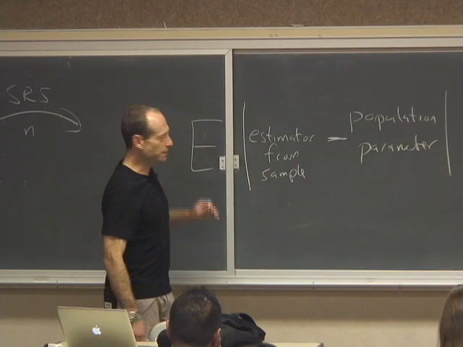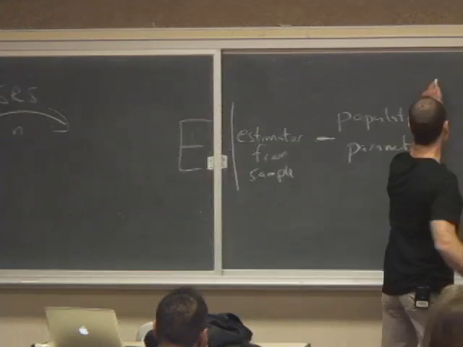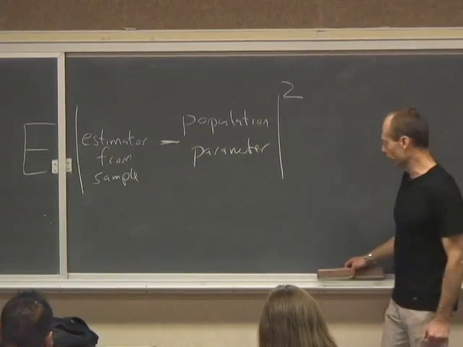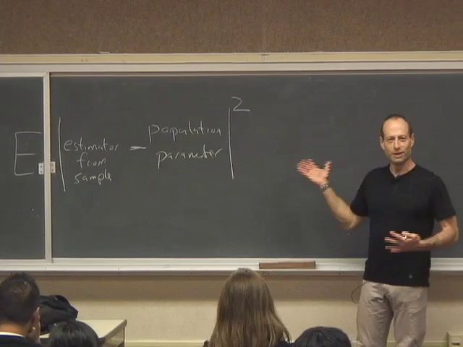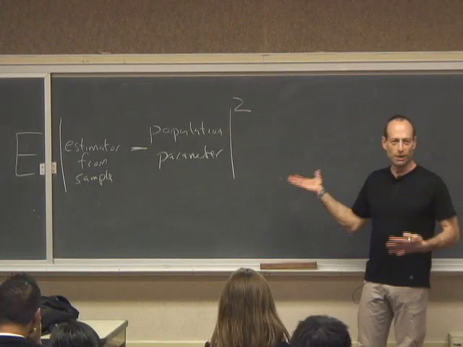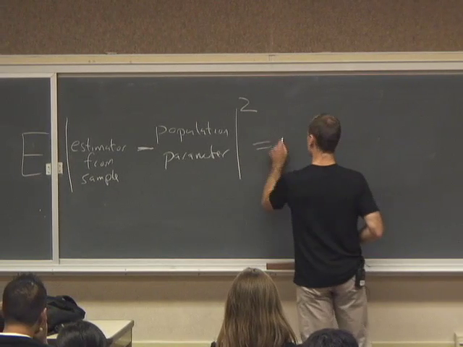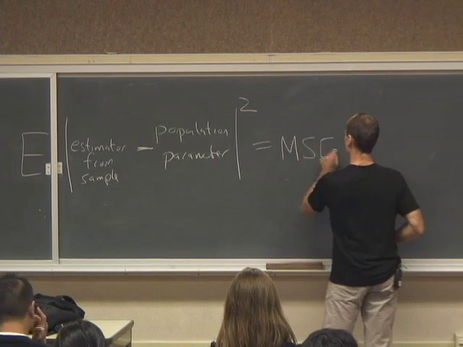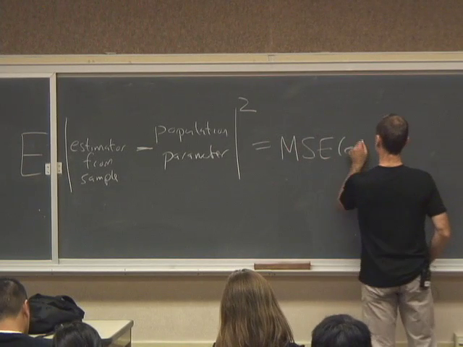Now, it turns out to be easier to do calculus and analyze things if you work with the square instead of with the absolute value. It's arbitrary. This is one particular way of measuring how good an estimator is, and it is called the mean squared error of the estimator.